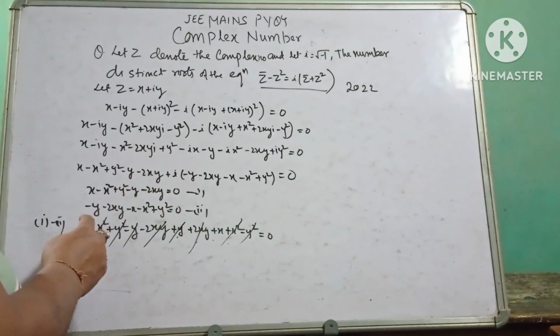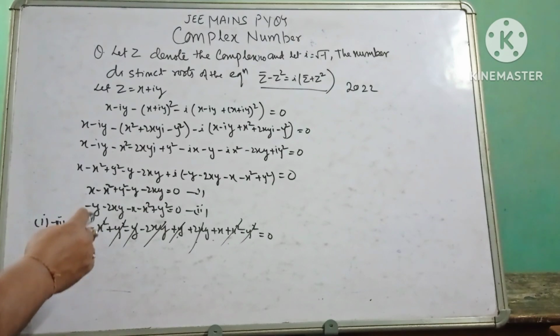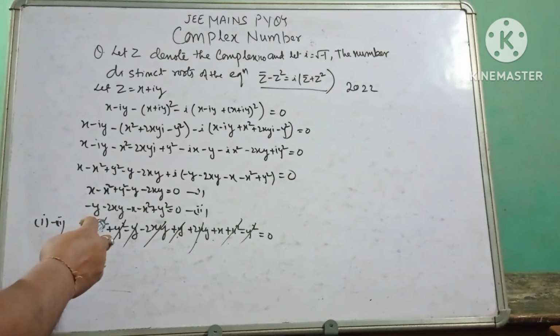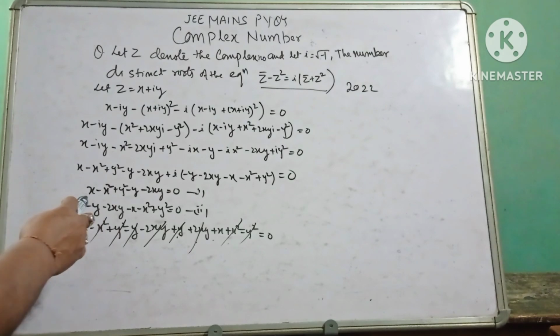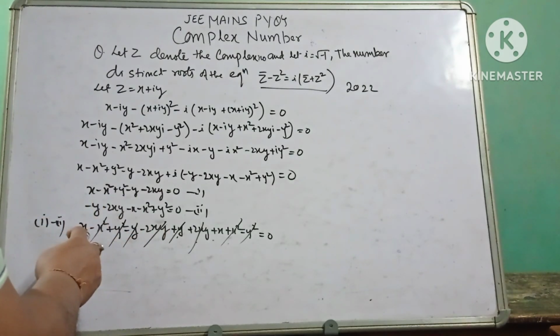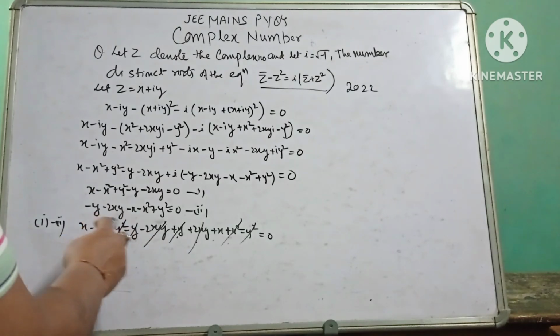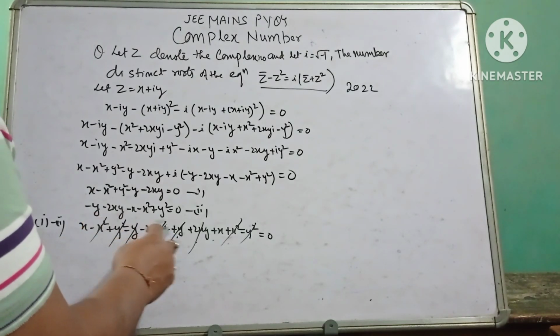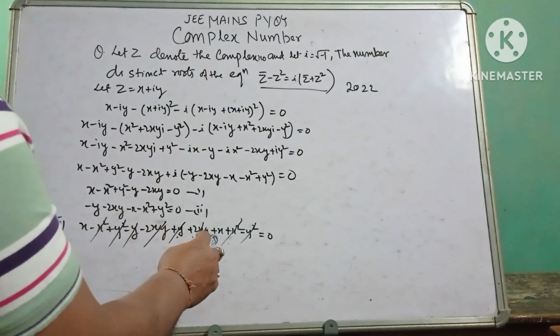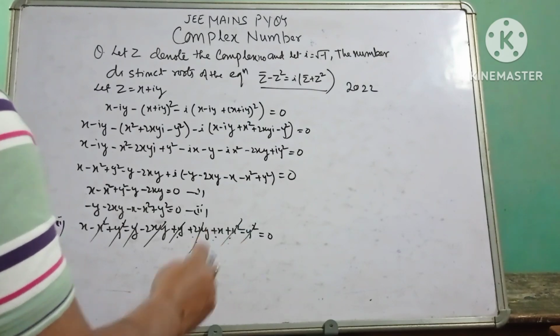So this minus this, how much will it be? It comes out to be x minus x square plus y square minus, plus y plus 2xy plus x square minus y square.